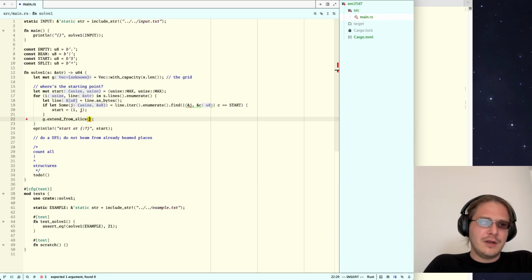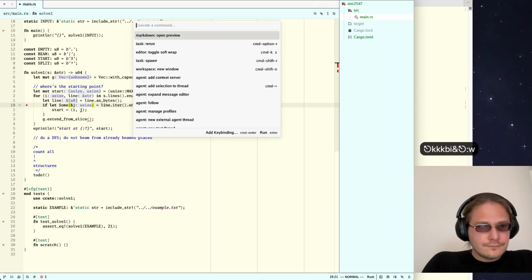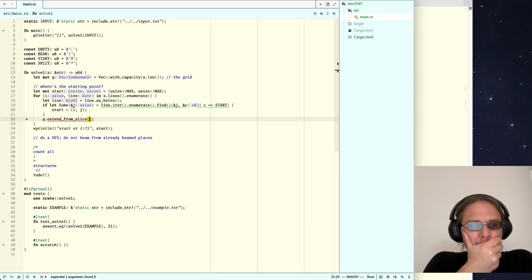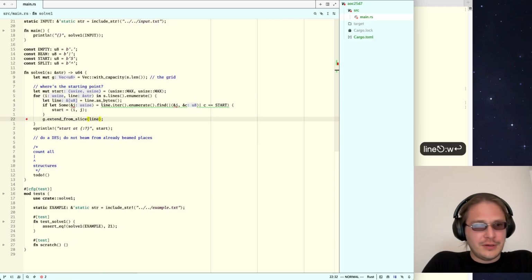Is this some kind of AI shenanigans? It tries to guide me into using a slice. Whatever. Okay, what do I do? Yeah, I extend it from here without the new line.